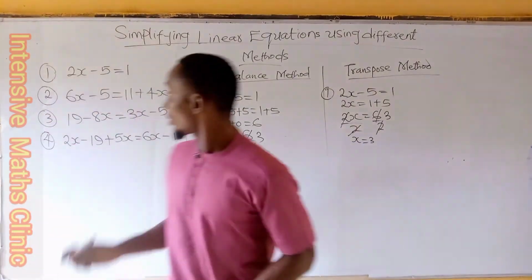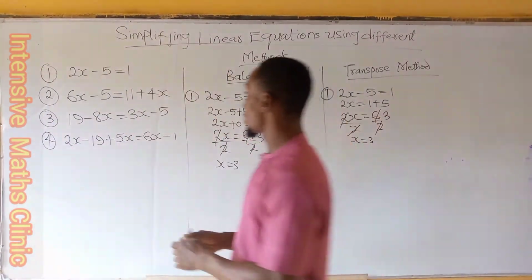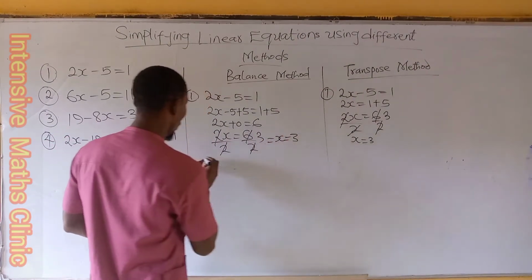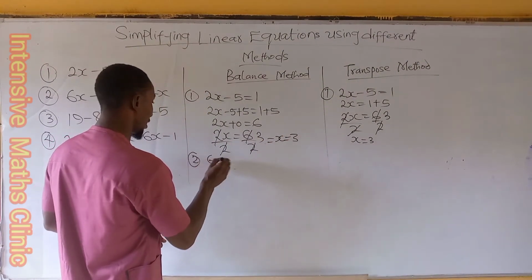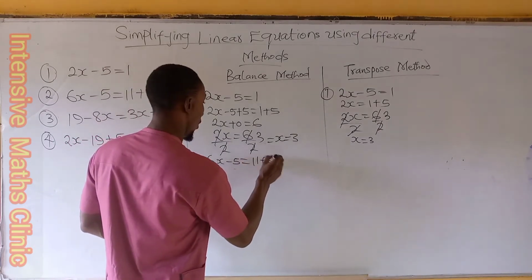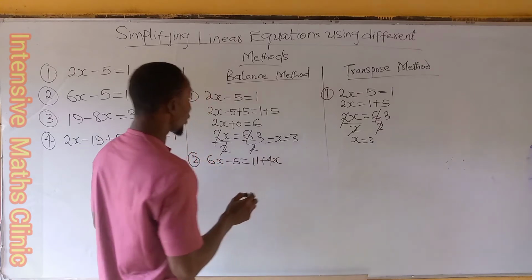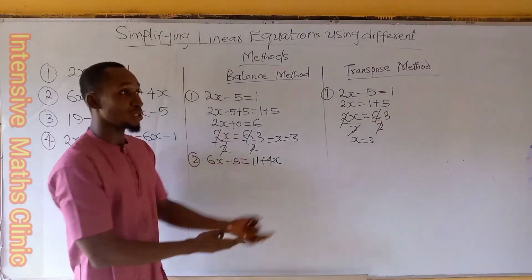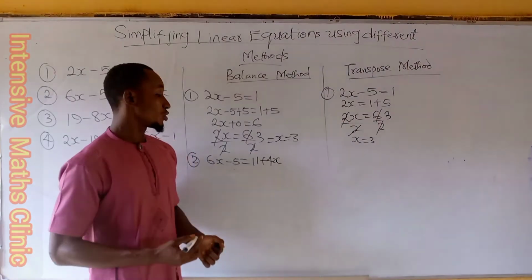Now we move to the second question: 6x minus 5 equals 11 plus 4x. Using the balance method, you can see the partition of this board. This side is the balance method, the other side is the transpose method.